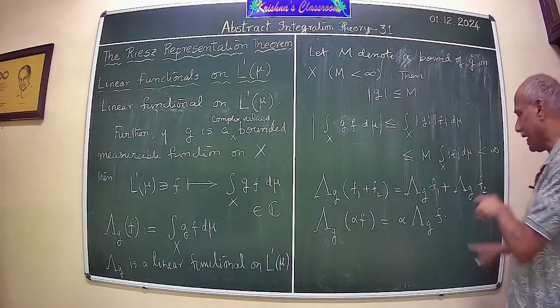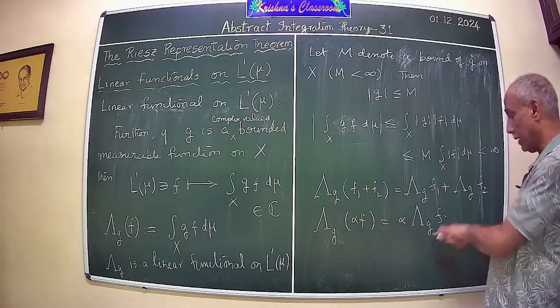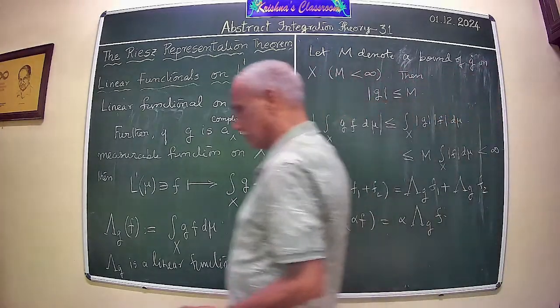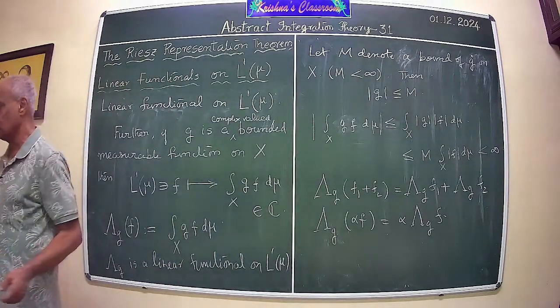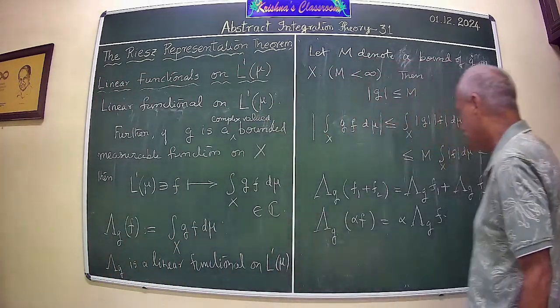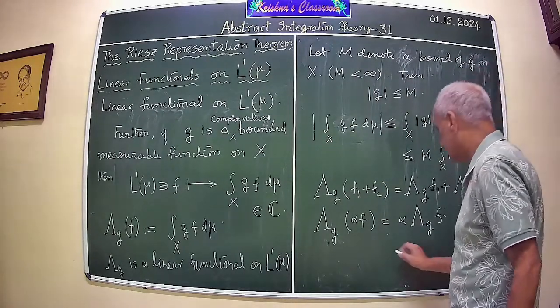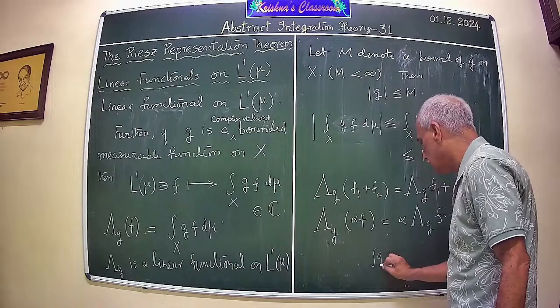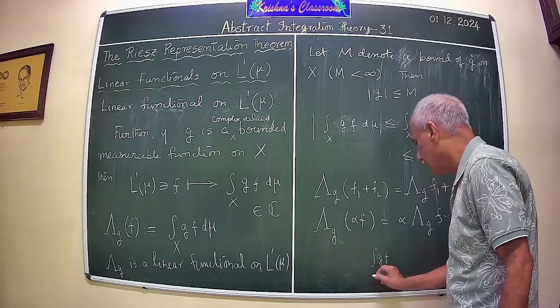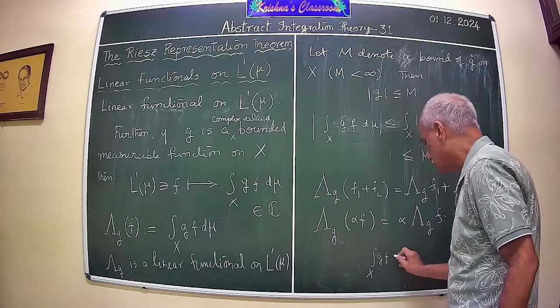Now this can be related to a measure. Okay. So you can conceive this as the integral over E of f d mu.